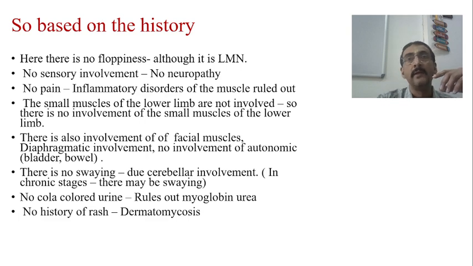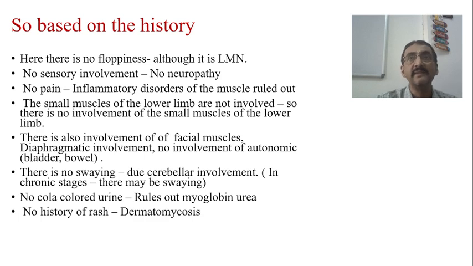Now what happens is if the muscle fibers are breaking, and some of the pigment-containing cells also get broken, that pigment enters the blood and is excreted through the kidney, and it may lead to a red color, but by the time it passes through the urethra, it is converted into a cola color. So in a case of muscular dystrophy, we need to also ask about the color of the urine. The reason is this: it is a problem related to muscle, so anything can occur, even myoglobinopathies can occur.